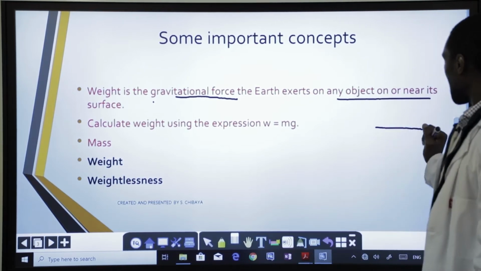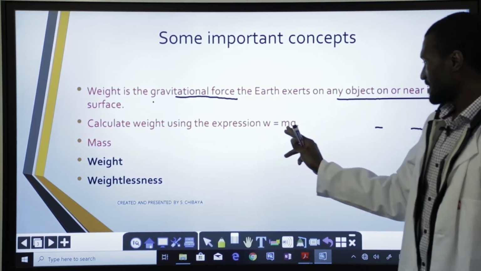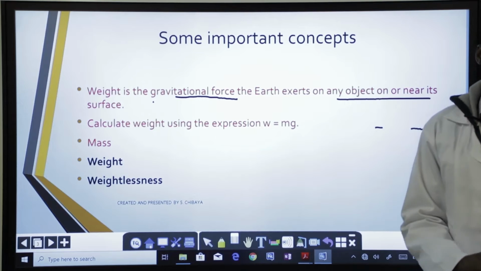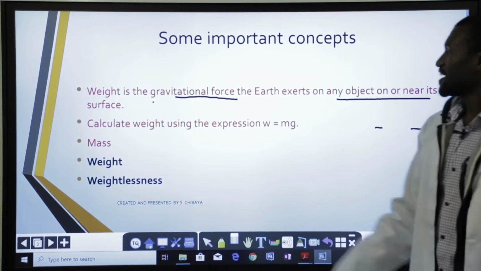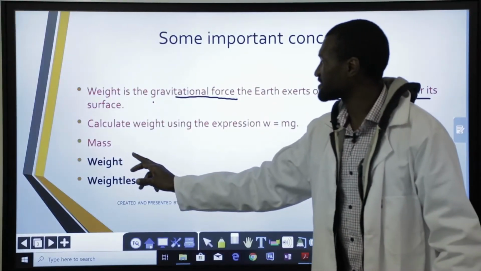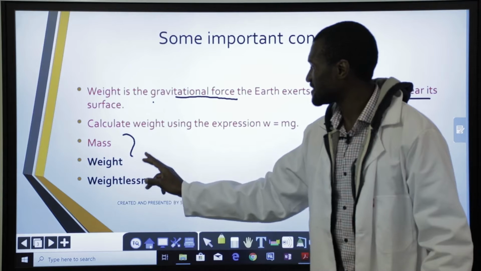And we calculate weight by mg. We have done that when looking at questions involving Newton's second law. And mass, what is mass? Mass is the amount of particles that you find in an object. So mass and weight, as you can see, are two different quantities.